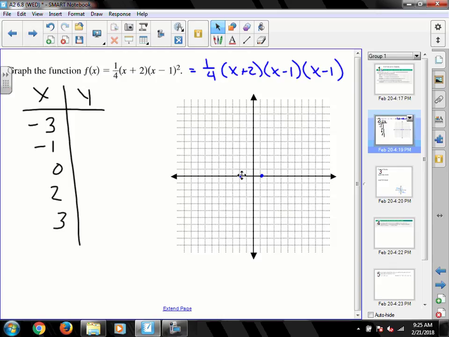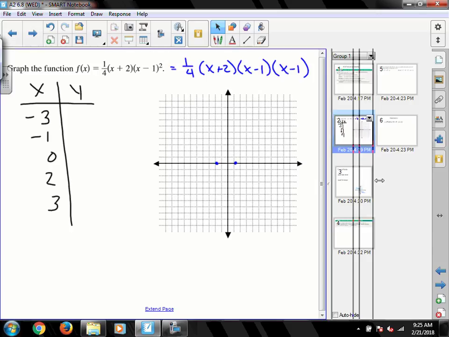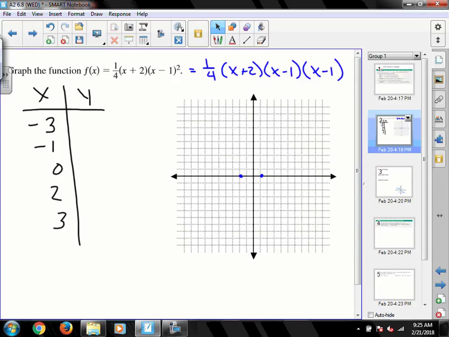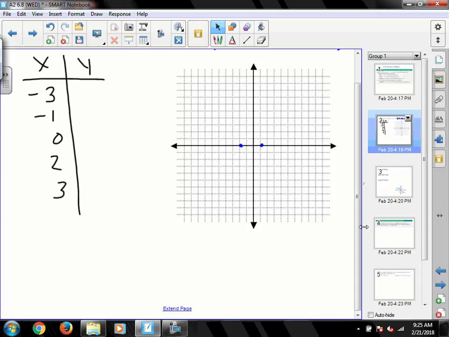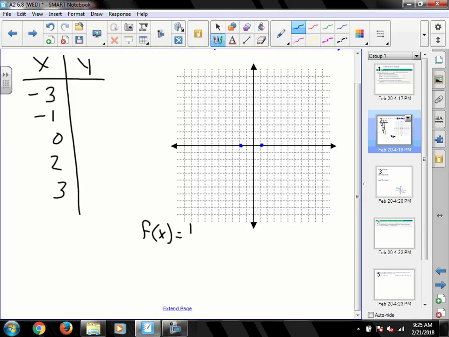Let's do -3 together, and then we will divide and conquer to get the other ones. So if I'm going to use -3, I'm going to get 1/4 times -3 plus 2 times -3 minus 1 squared.